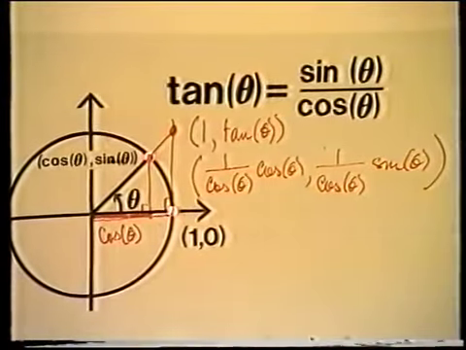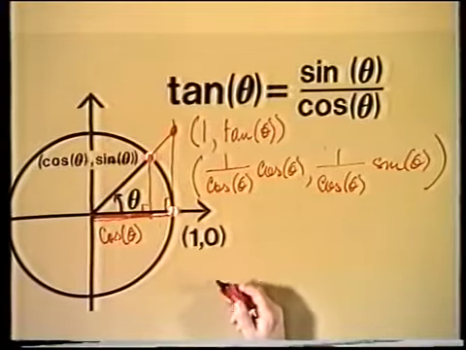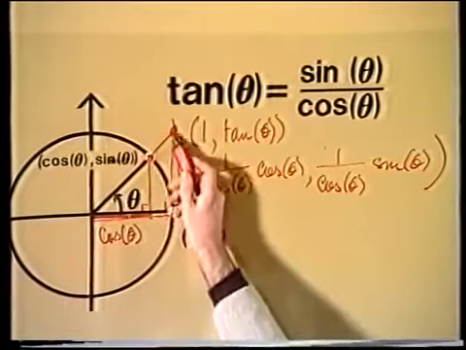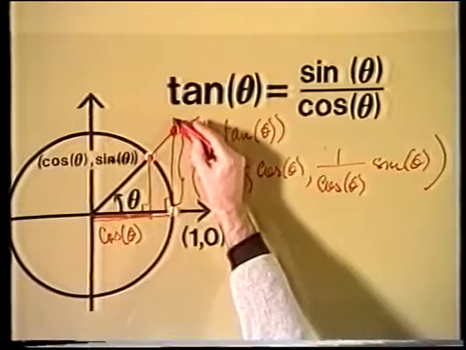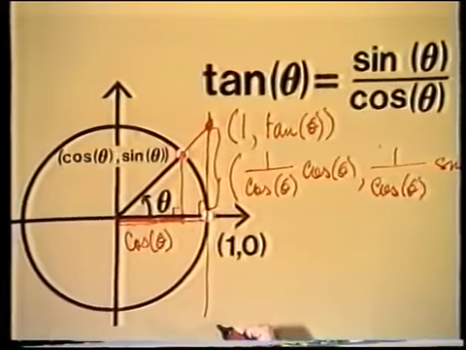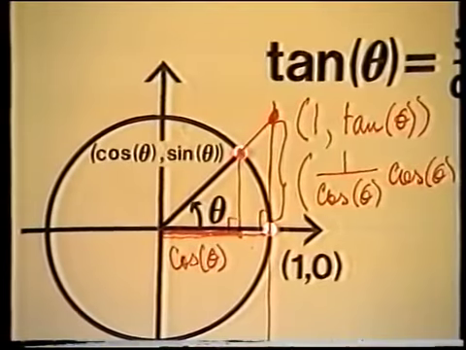And that is 1, tan theta. So the y-coordinate is tan theta, and it's this length, and it's cut off by the angle theta along this line. And that line's a tangent to the circle.